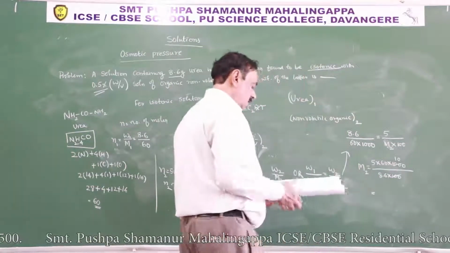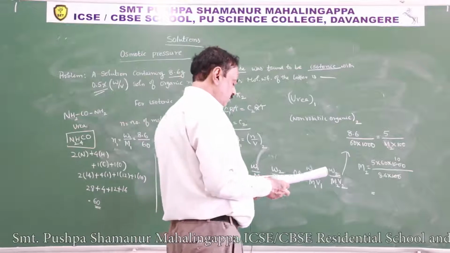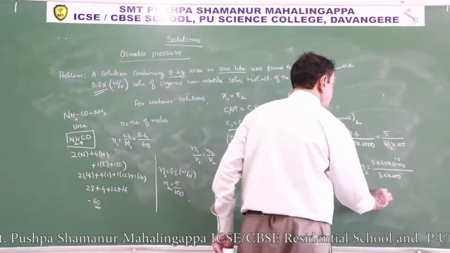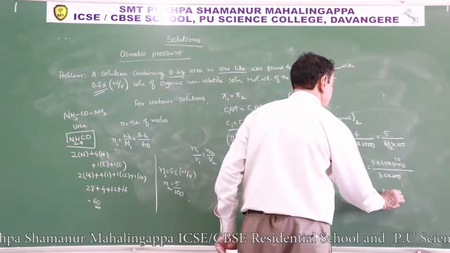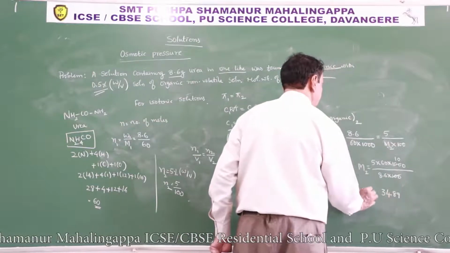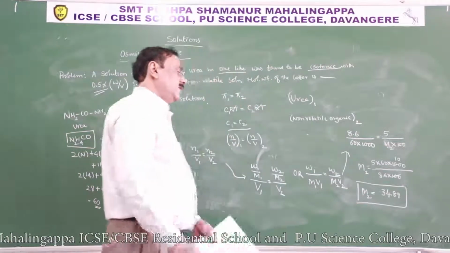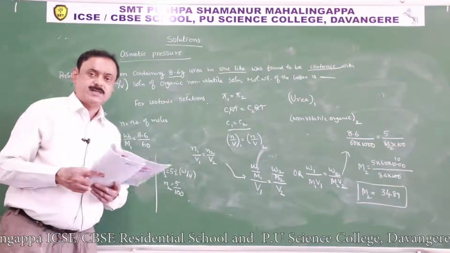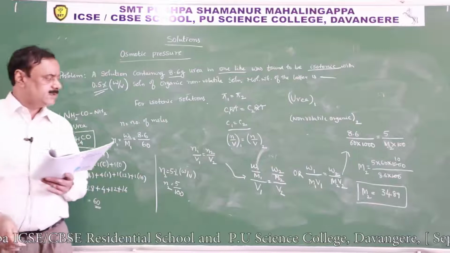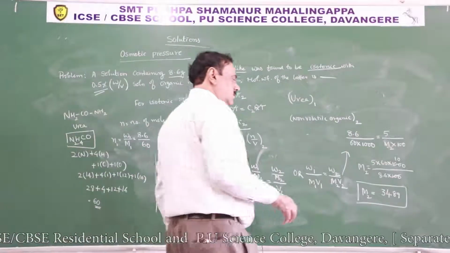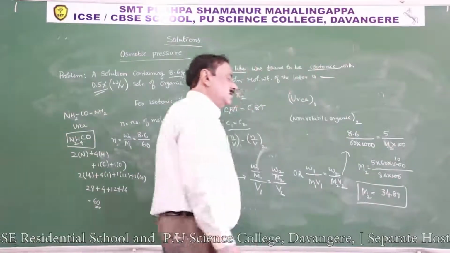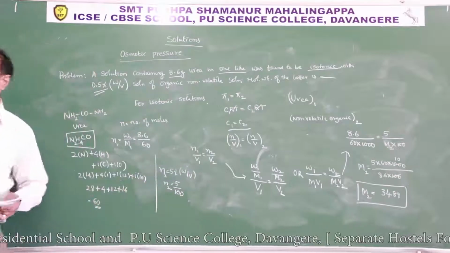After simplification, it is 34.89. Therefore, the molecular mass of the non-volatile solute is found to be 34.89. It has no unit since it is a mere number.